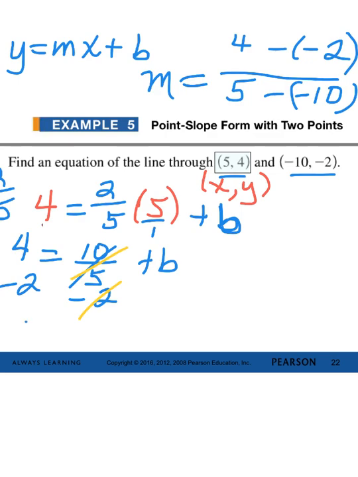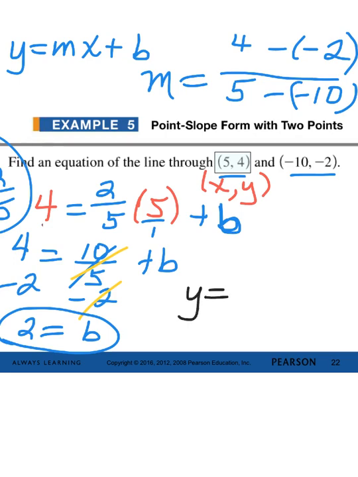And 4 minus 2 is 2 is equal to b. So I have everything I need to know. The value of b is 2, the value of the slope is 2 over 5, and my answer then is that y is equal to 2 over 5 times x plus the value of b, which is 2.